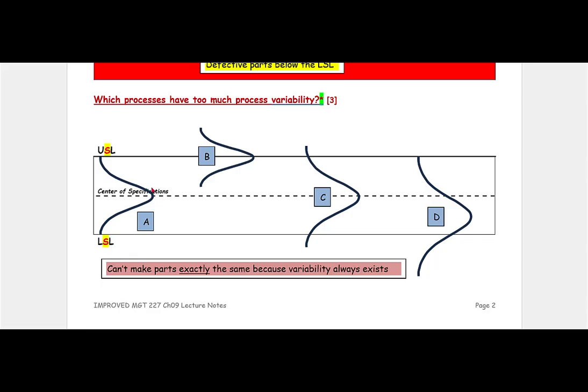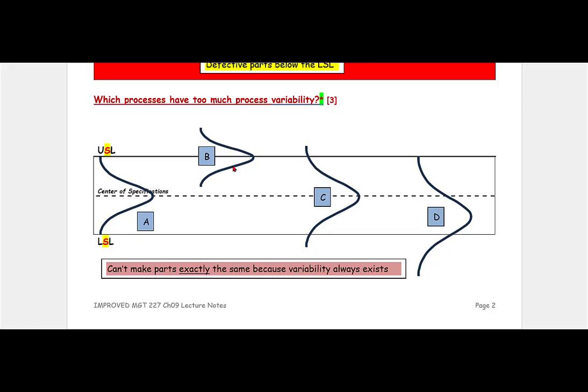Process variability has to do with the distance from here to here with regard to the engineering specification limits. So this one is just about the maximum width it can be as far as process variability, because this tail to this tail is the same as the specification limits.